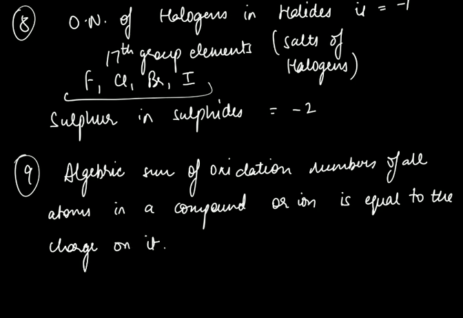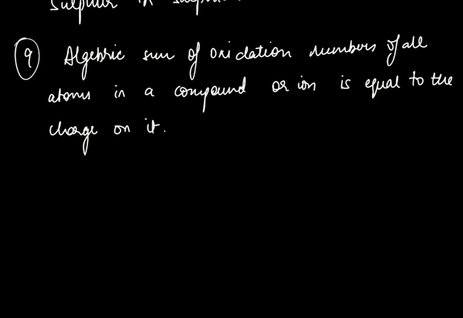If it is not showing any charge, then you just consider it as 0, because most of the compounds have 0 charge. So now let's take some examples. We have this compound K2Cr2O7. This is called potassium dichromate.